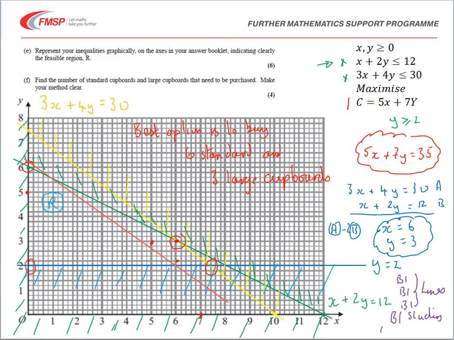And a B mark for labels and using a ruler. Finally, there was a B mark for correctly identifying the feasible region. So that was the 6 marks available for the graph itself.